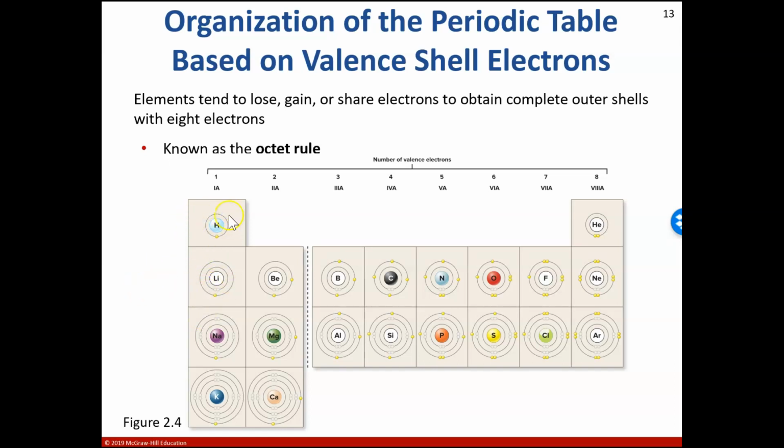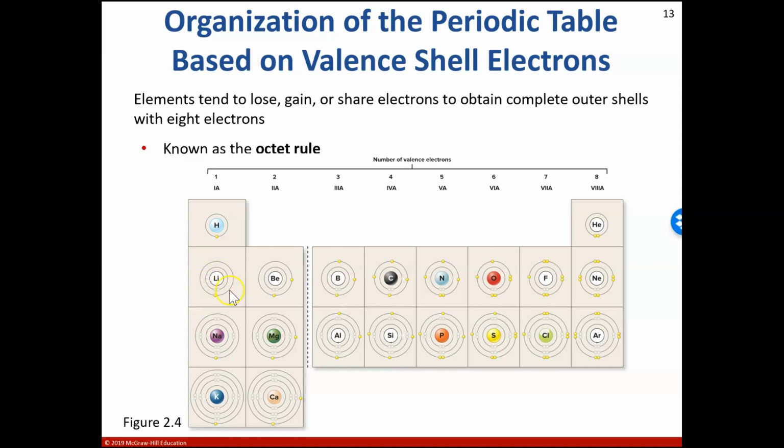So like we said, these orbitals need to be filled one by one. So if we look at hydrogen here, we only have 1. So we want this orbital shell that's supposed to have 2 electrons in it to be full so that hydrogen is happier. So if we look down here at lithium, we see that that first shell is full. We've got 2 electrons there, but now that valence shell has only 1 electron.